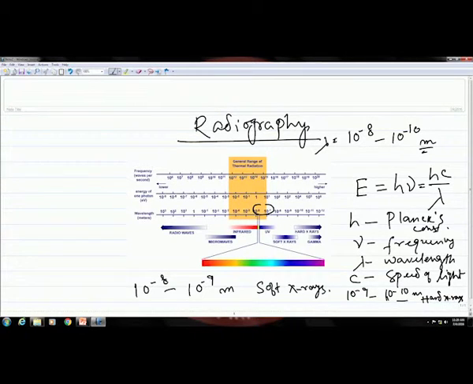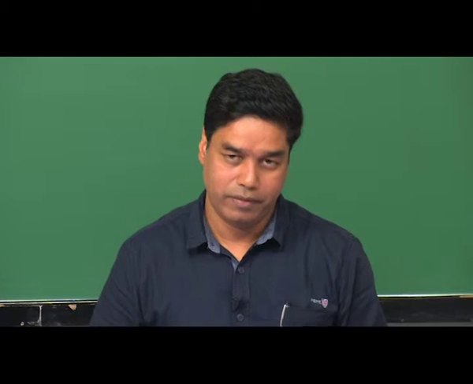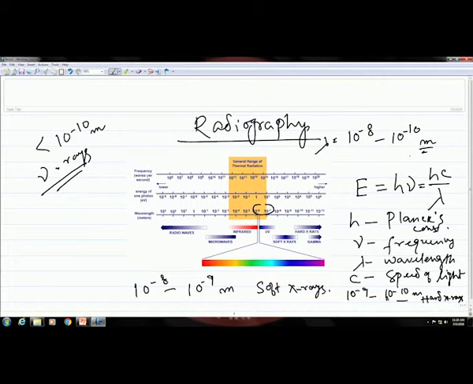Okay. And if you further increase the energy, and the wavelength is less than 10 to the power minus 10 meter, then this will fall in the gamma rays radiation range. Okay. So, this was about the energy which depends on the frequency or the wavelength, and due to this very small wavelength, X-rays have very high energy, and as I said, that is why they can penetrate through matter.